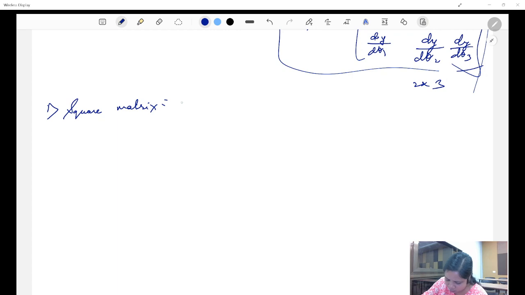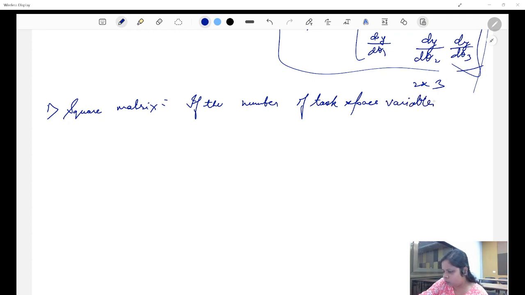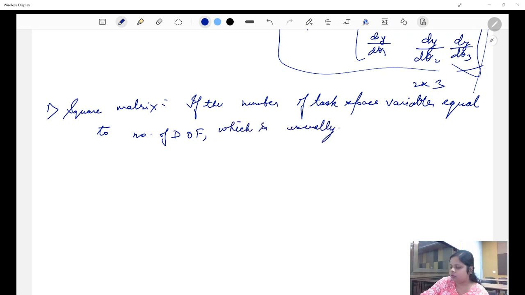So when it would be square, if the number of task space variables equal to number of degrees of freedom, which is usually not true for planar manipulators.